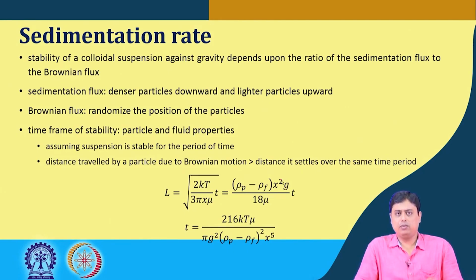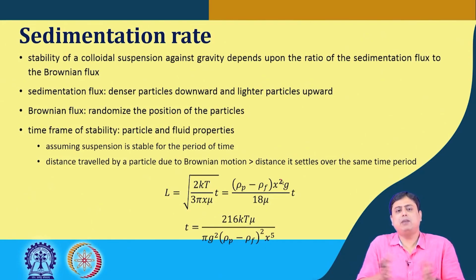Now, the stability of a colloidal suspension against gravity depends upon the ratio of the sedimentation force to the Brownian force. In the case of the sedimentation force, the particles denser than the fluid will move downward and the particles lighter than the fluid will move upward. But the Brownian force will randomize the motion of these particles.